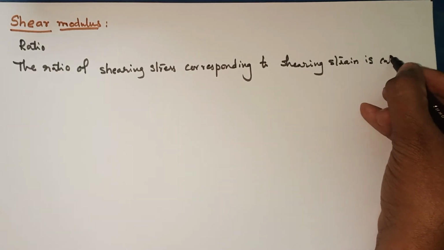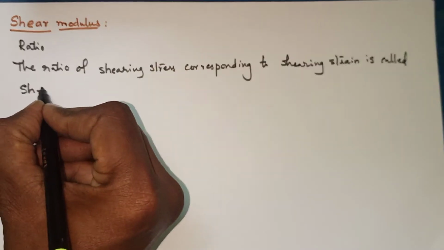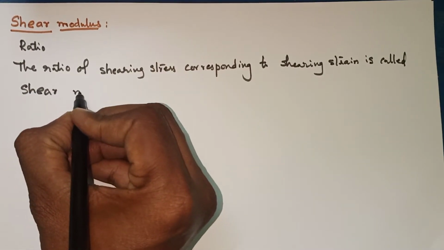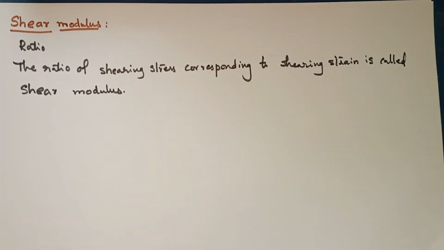This is called shear modulus, right? This is represented usually as G.